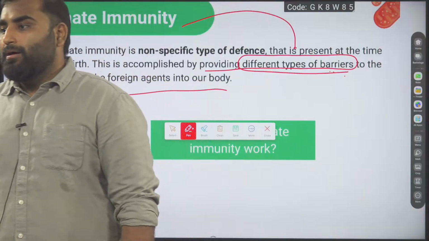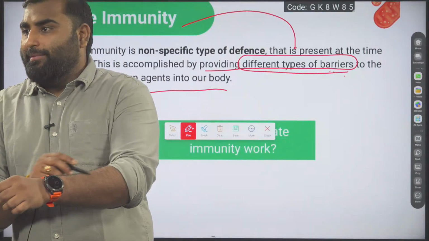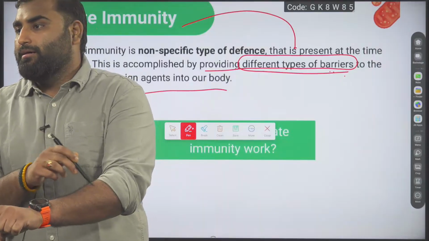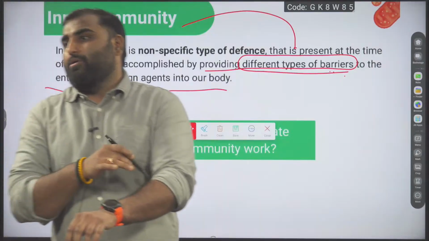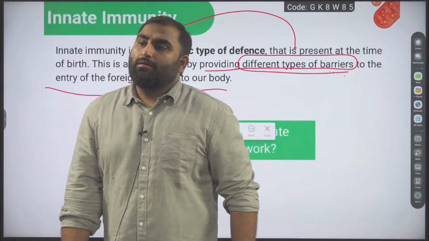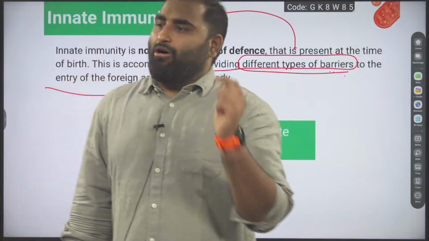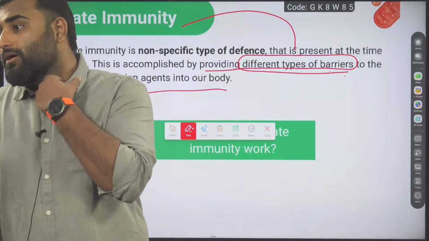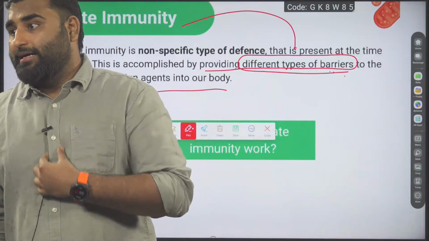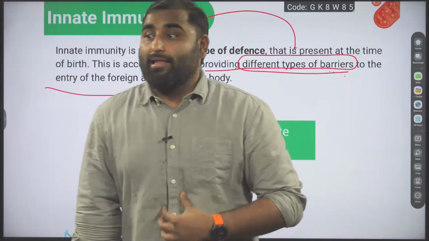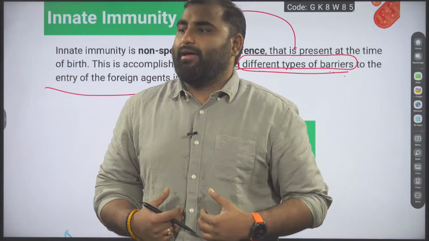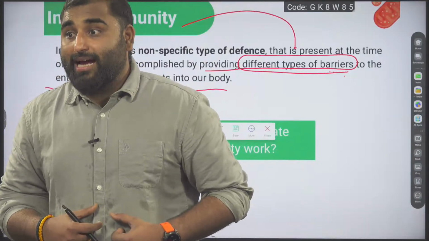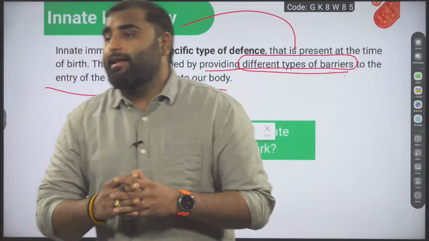Like, your outer body covering is what? Tell me quickly in the chat box. What is the outer body covering, guys? Skin, very good. What is the internal body lining? Outside is skin, and inside is mucous membrane.